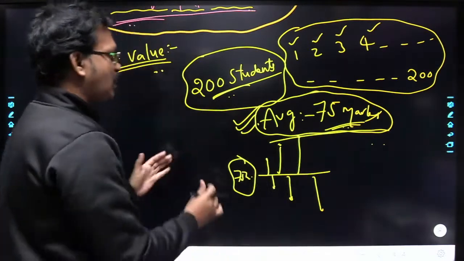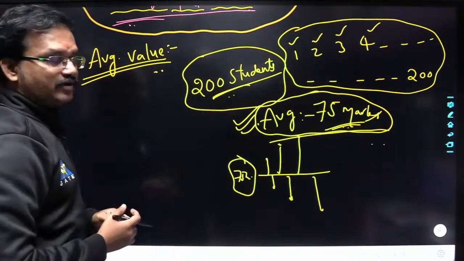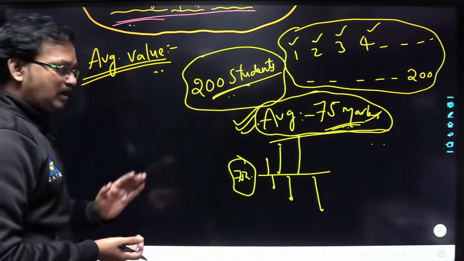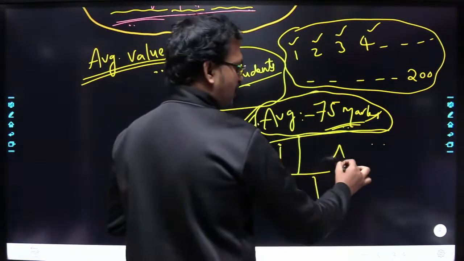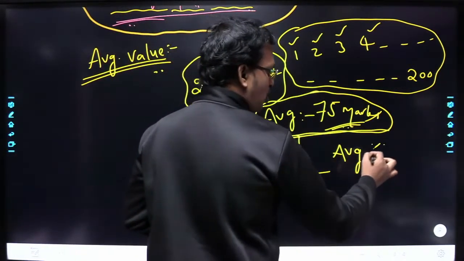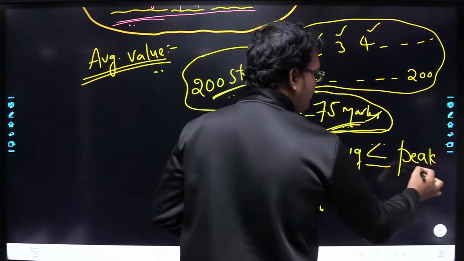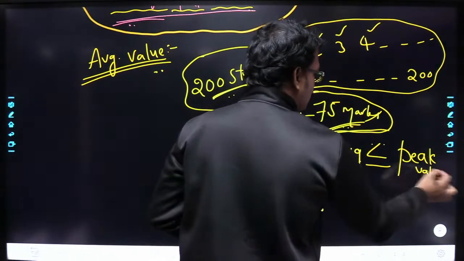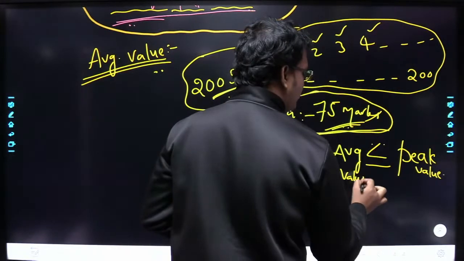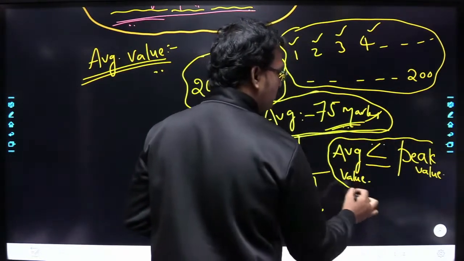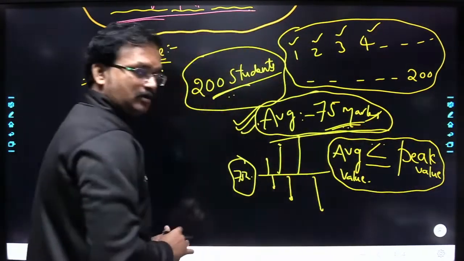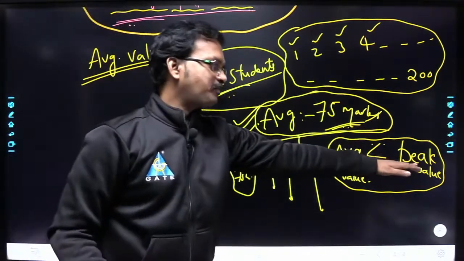That is the advantage of representing the average value. And always remember, this average value is always less than or equal to the peak value. It will never exceed the peak value.